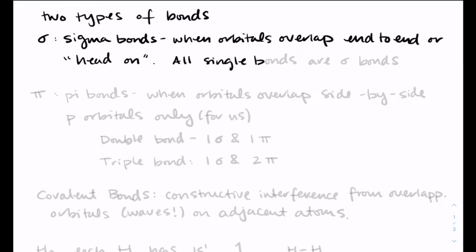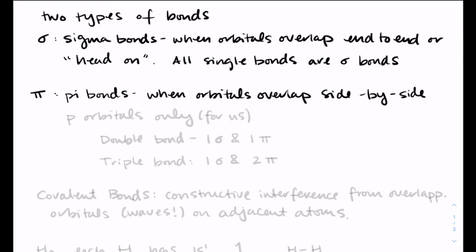Pi bonds happen when we have double bonds, triple bonds, and so on. And a pi bond is when you have side-by-side overlap. So for us, that's only going to be p orbitals. So when they overlap side by side, you would have to have, let's say on one atom, a px orbital, and on the other atom, also a px orbital, so that they would line up side by side on those atoms to overlap.